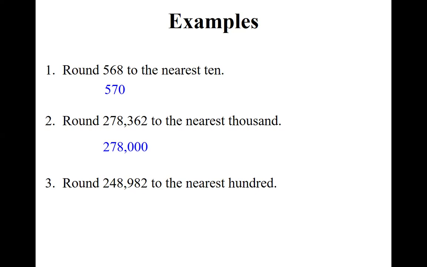We can't fit a 10 in there, so we carry the 1. 249,000. Everything to the right became a 0. In other words, 982 is closer to the next 1,000 than it is to 900. There we go.